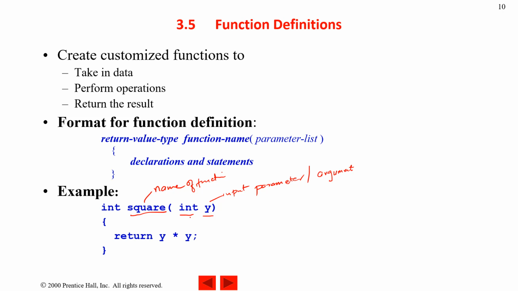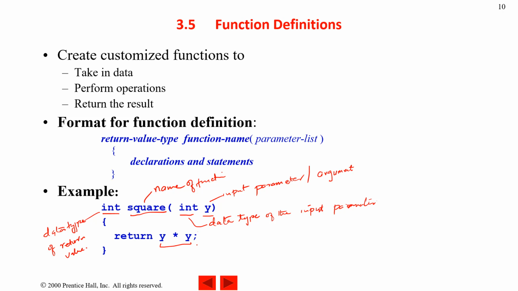This is the data type of the input parameter or argument. This here is the data type of the return value.